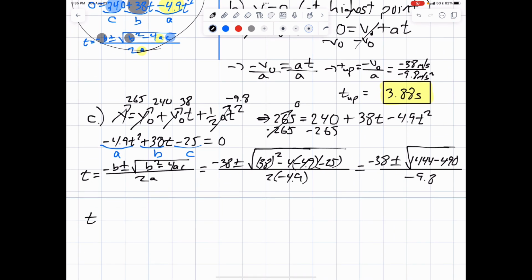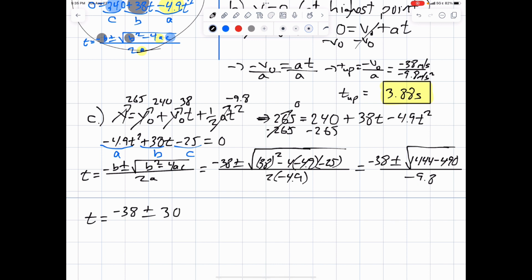Now t would be negative 38 plus or minus the square root of, 1444 minus 490 is 954, and then square root that.